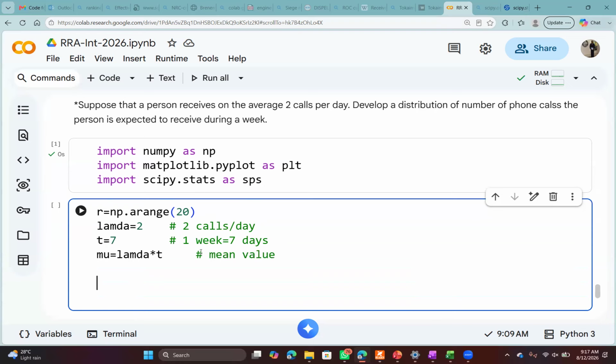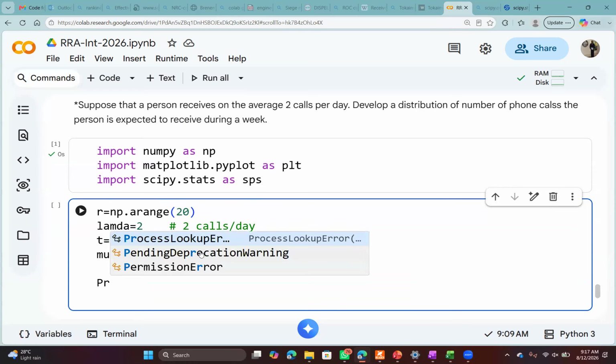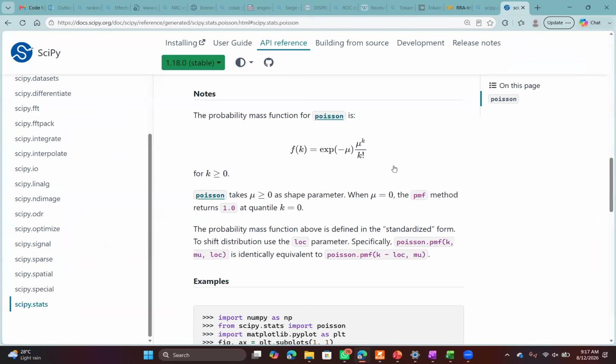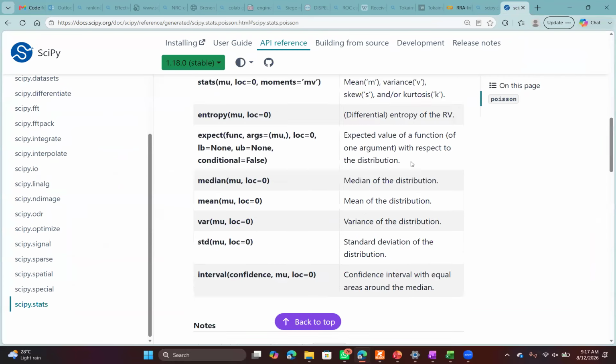And now the probability density function, the calculation of individual probabilities. So I call it PR. So this can be calculated from the distribution function. Python is generous enough to create vectors for us instantly. So I would like to call this function.